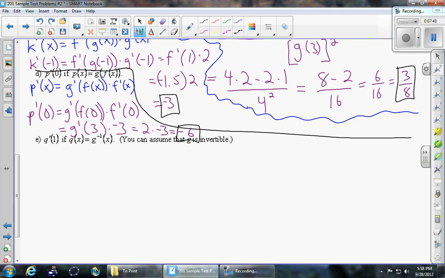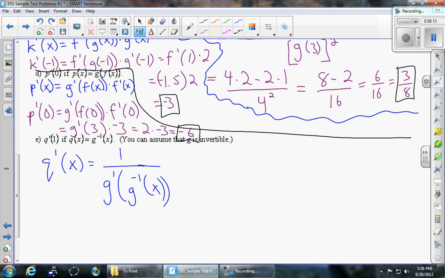Okay, last one, part E. Q prime of 1 if Q of x equals G inverse of x. You can assume that G is invertible. Okay, first we need our formula for the derivative of an inverse function. So our fancy formula is 1 over the derivative of the inverse of x.